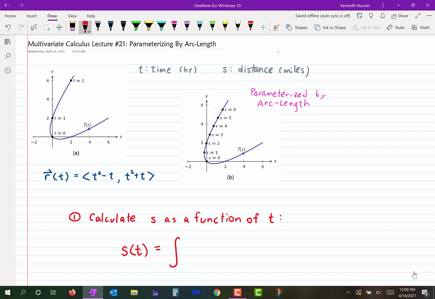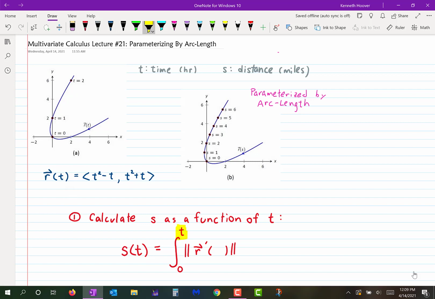We had spring break, so it's been a little while, but how do we calculate arc length? It's the integral of the magnitude of r prime from 0 to t.